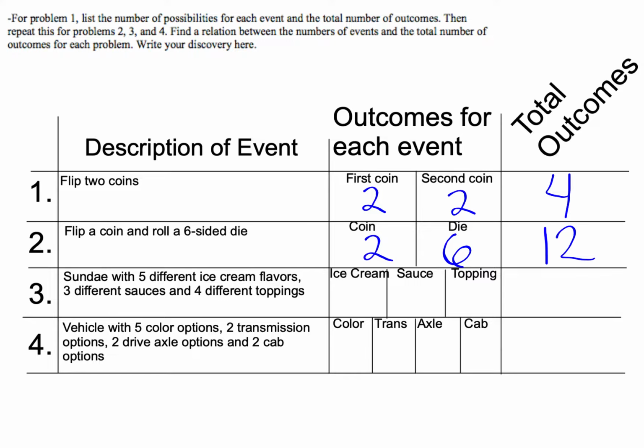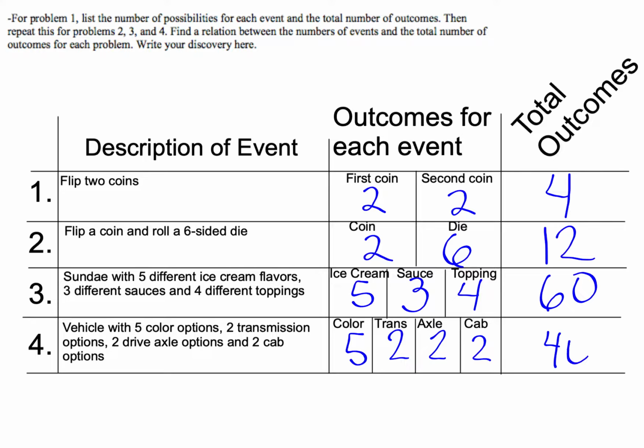The third one, there were 5 ice creams, 3 sauces, 4 toppings, and a total of 60 different outcomes. For the vehicle, there were 5 colors, 2 transmissions, 2 axles, and 2 cabs. And there ended up being a total of 40 different models of the truck that you could get.